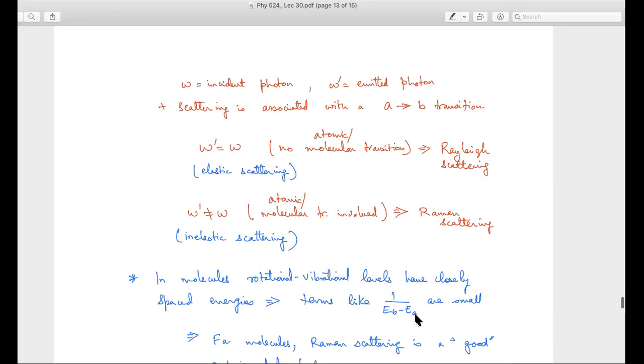And for molecules, we have electronic energy states, and then we have vibrational energy states, and then we have rotational energy states, which are really, really close to each other. So for rotational degrees of freedom, or even for vibrational degrees of freedom, EB minus EA is a much, much smaller number. So the total number 1 by EB minus EA is relatively larger as compared to atoms.